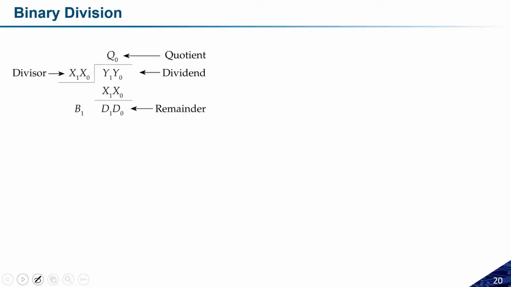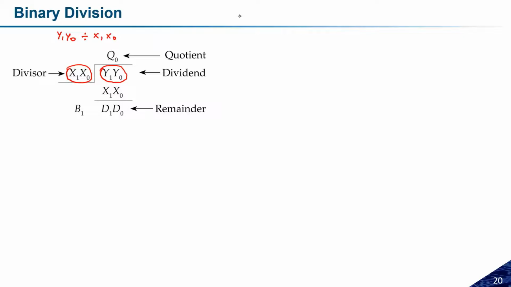So suppose I have a number which is y1 y0, and a second number which is x1 x0. I just wanted to perform something like this: y1 y0 divided by x1 x0. So this is the operation which I want to perform.